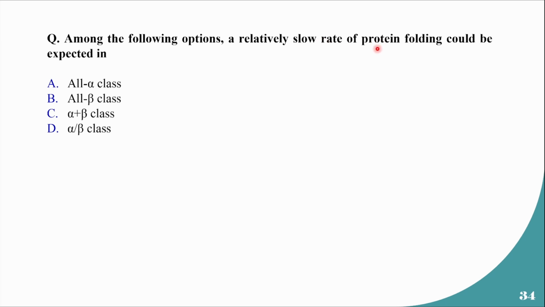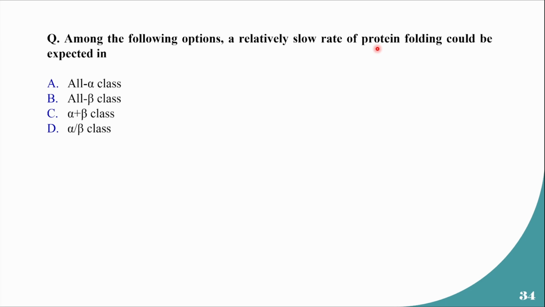Now we just talked about the inverse relationship, in a broad way, between long range contacts and the protein folding rate, right? So that means that if we want to see a slower folding rate, we have to look at proteins which have higher long range contact formation, right? So in which of these cases could a higher long range contact formation be expected?